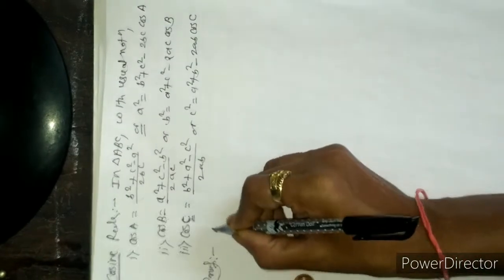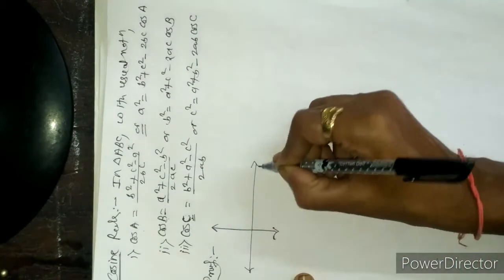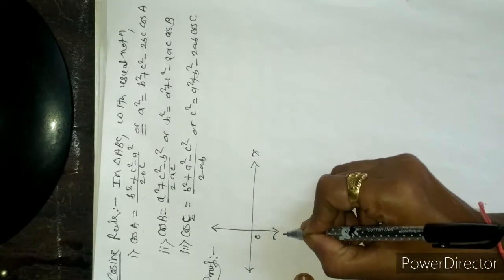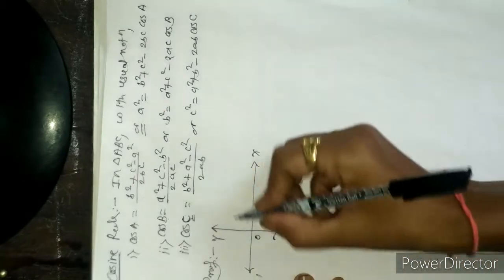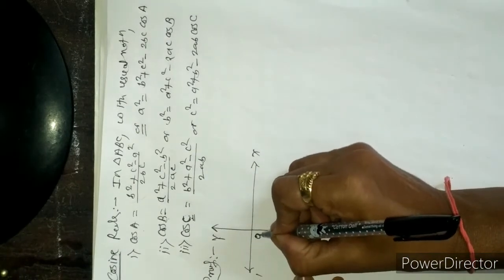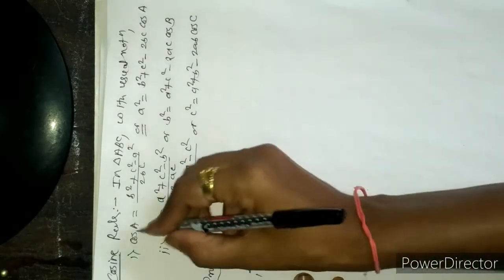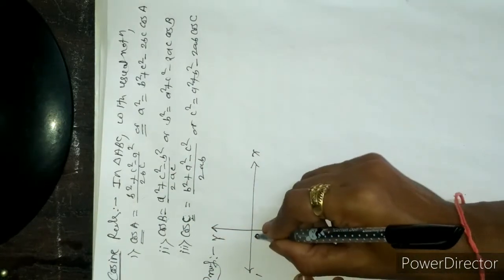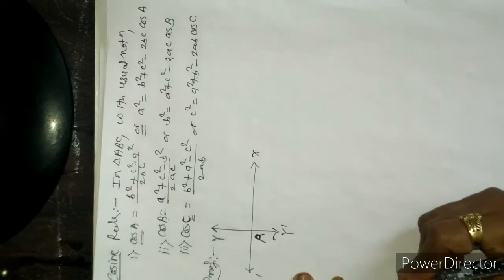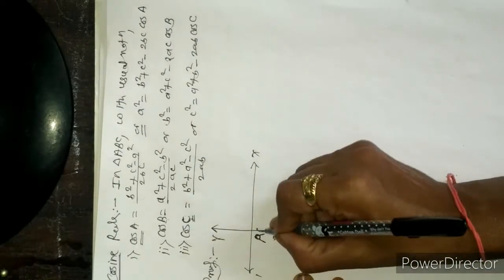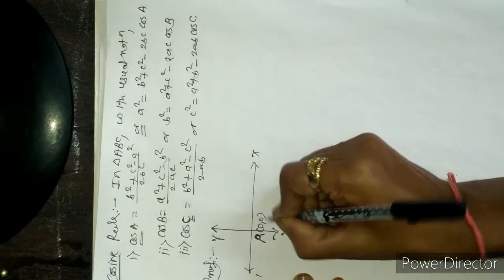As we prove the first rule, suppose here this is the x-axis, this is the origin, and this is the negative y direction. In order to prove the cosine rule for A, we take vertex A of the triangle ABC at the origin, meaning coordinates of A equal to (0, 0).